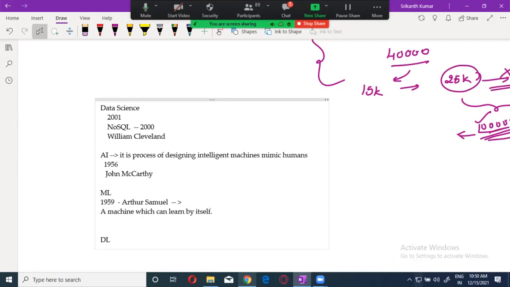Now, some people have enhanced this definition, saying that it is a process of developing intelligent machines which can learn by itself.